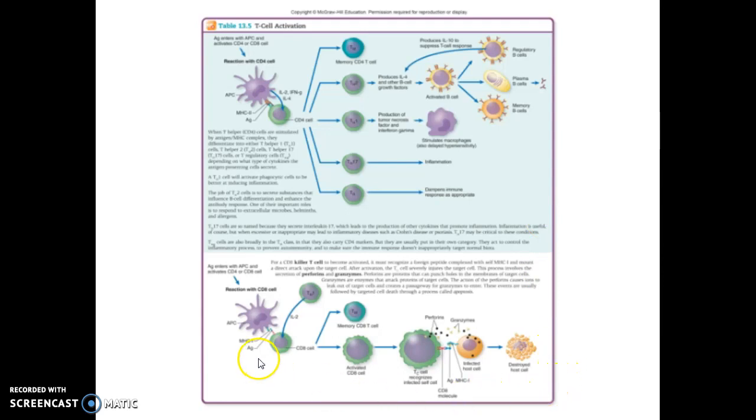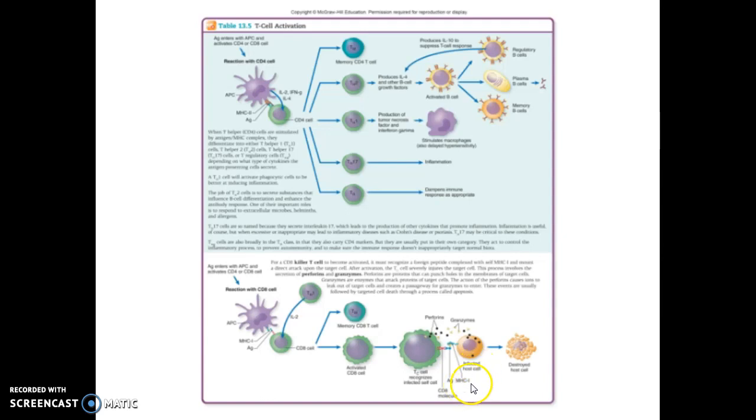All right, and then down here, you have the cytotoxic T cell activity, where it's the same scenario. However, this is not a CD4 positive T cell, but a CD8. It sees the antigen, but it's also going to receive chemical signals in the form of IL-2 from the T helper 1 cell that helps to promote activation of the CD8 positive T cell, and then it can become either a memory T cell or activated and go on to kill cells.